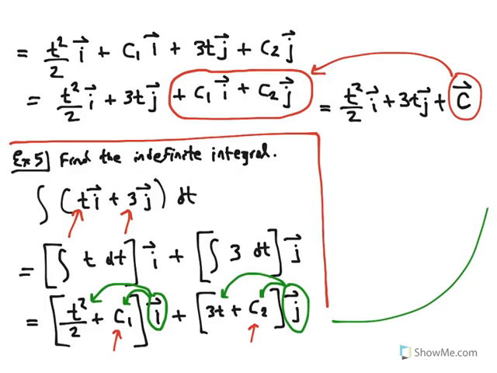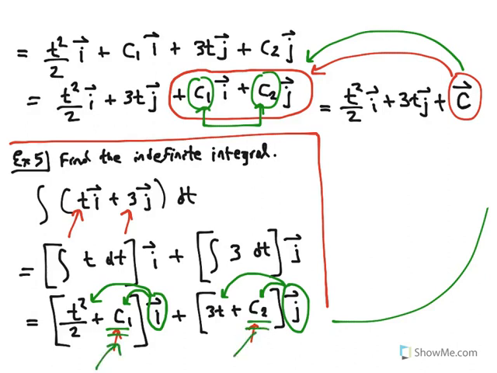We saw it in the earlier version of example 5 when we did it the long way. The constant vector of integration is, in fact, c sub 1 i plus c sub 2 j, where c sub 1 and c sub 2 are scalars, coming from each of the constants of integration of the individual component functions.